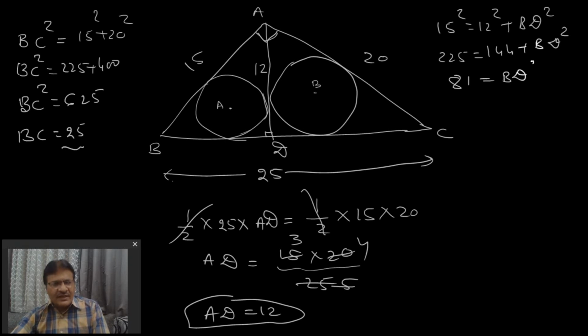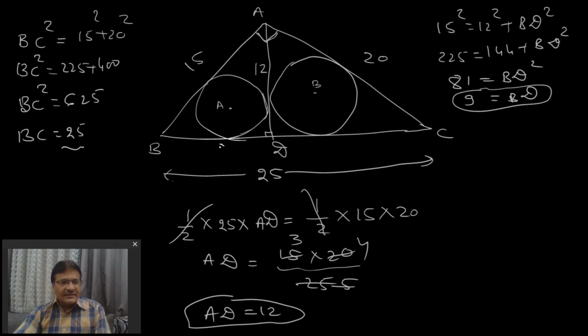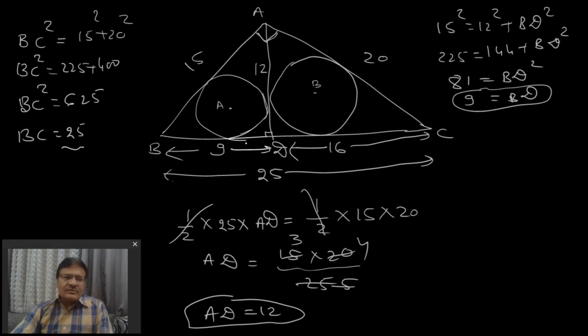Equal to BD square. So BD I got 9. Is that clear? So this 9 again obtained. And this is 25 complete. And this is 9. So can I say this one is 16? Okay. So my target is to determine the length of this AB.